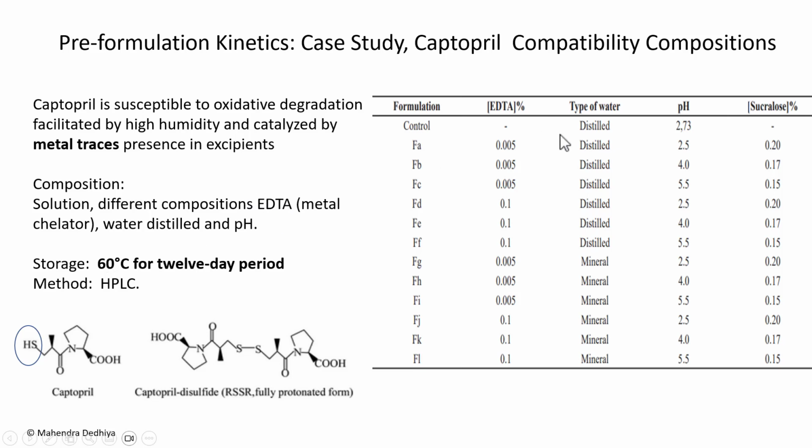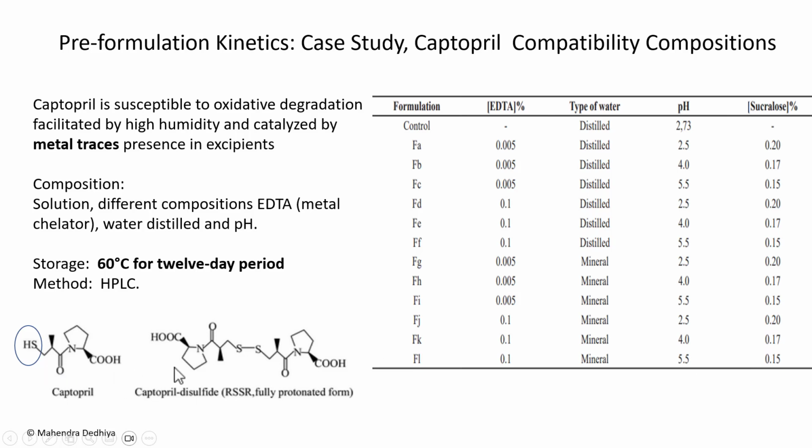The composition involves different concentrations of EDTA, 0.05 and 0.1, and different types of water: distilled water and mineral water, which obviously contains trace amounts of metals. The pH ranges from 2.5, 4, and 5.5 in each case, and sucralose sweetener was added in a range between 0.2 and 0.15.